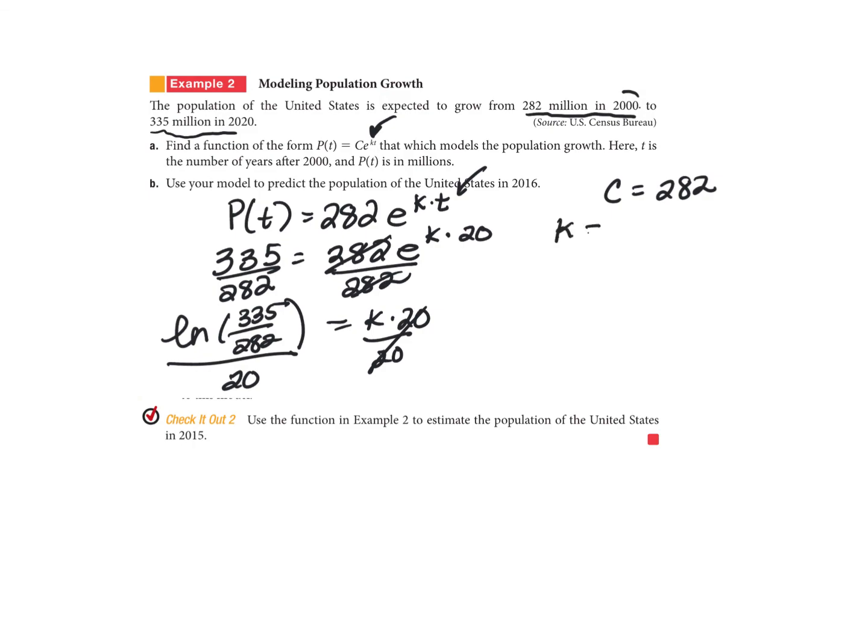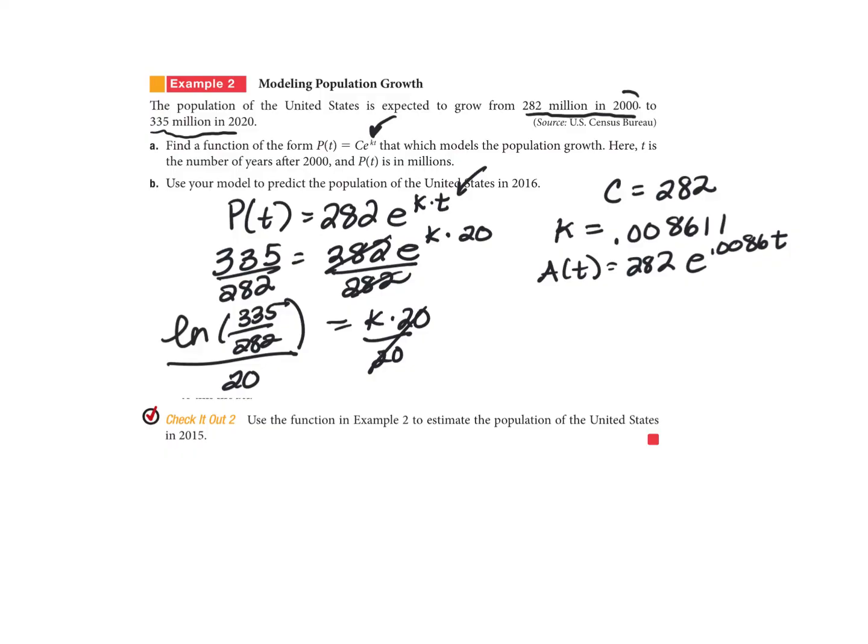And we get our constant equals, plug this into this calculator, see if it can handle it. And k equals 0.008611. Right. So our model is A sub t equals 282 e to the 0.0086 t.